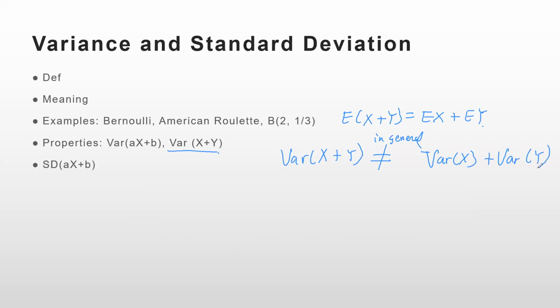Later on, we're going to talk about the situations when they are equal. For example, when X and Y are two independent variables, then you have the equation. In fact, if they have a correlation of 0, then you also have the equation. But for the moment, I want you to be aware that you don't have equality for these two quantities in general.